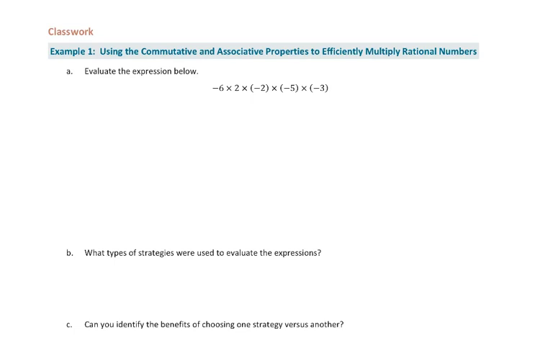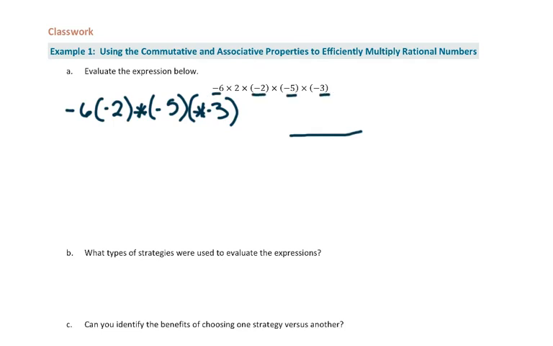So if we have -6 times -2 times -5 times -3, and then we have this one accounted for, and then we also will then multiply that by 2. -6 times -2 is 12, times -5 times -3 would be positive 15, and then we can multiply that by 2.